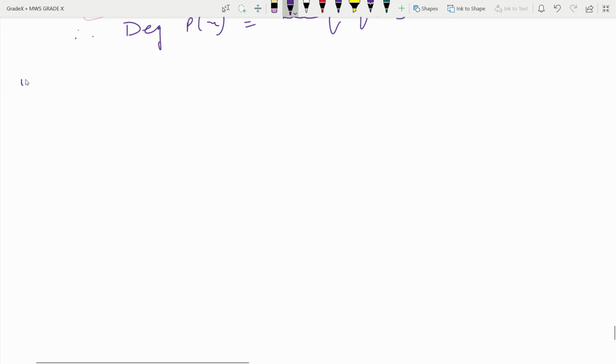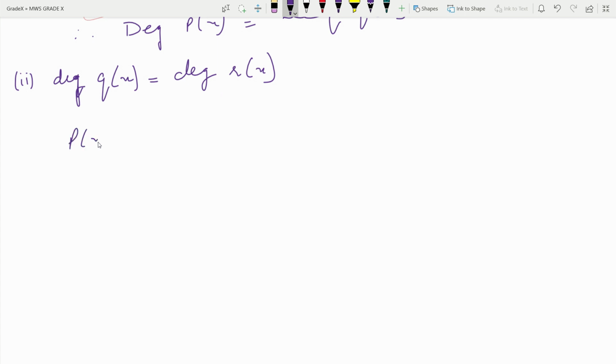So now second, degree of q(x), the quotient, should be equal to degree of remainder. Let us take an example. Let the dividend be 2x cube plus x. There should be a gap of 1 degree.